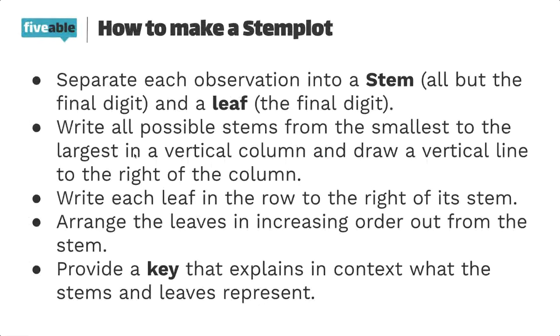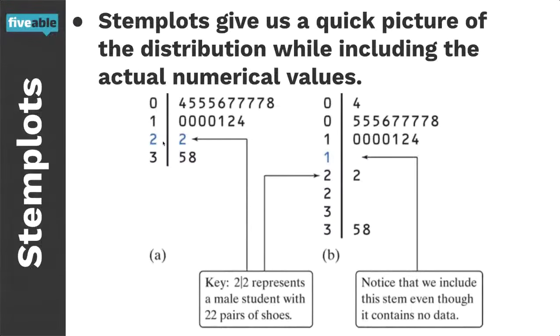After that, I write each leaf into the row to the right of its stem, and then I arrange them in increasing order out from the stem. So I started writing all the data points to the right of my stem, creating my leaf, and I do it in increasing order.